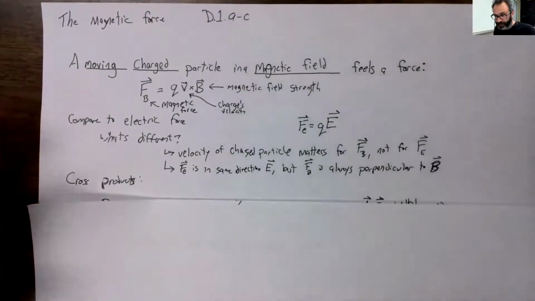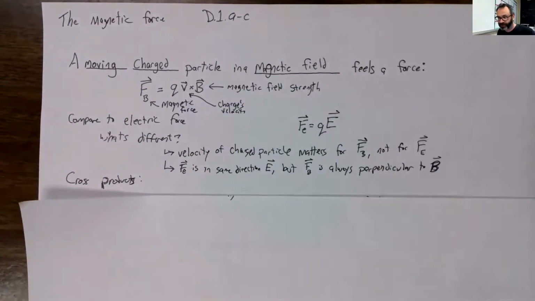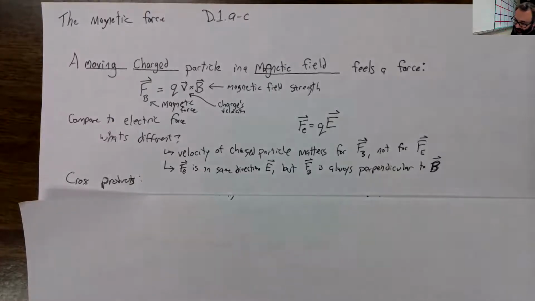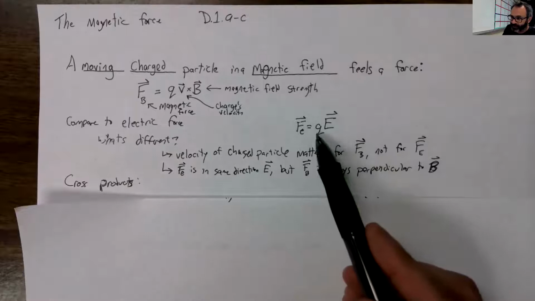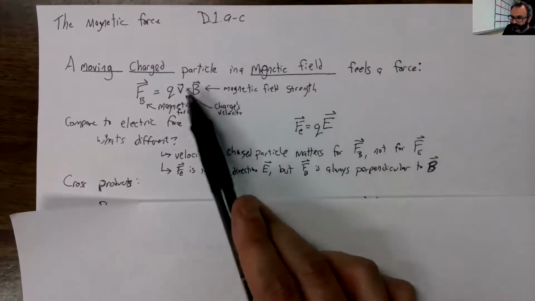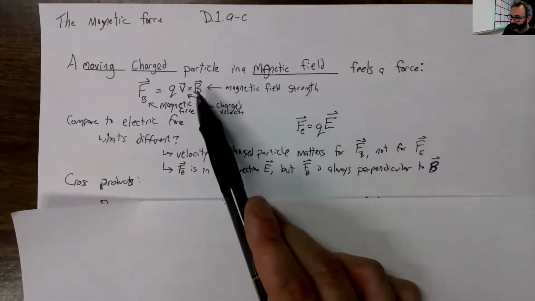Okay, so questions so far? As we go through this magnetic stuff, I want to try to draw an analogy between the magnetism and the electricity, right? This is the old electricity stuff that we know. This is the new magnetism stuff that's analogous to it.